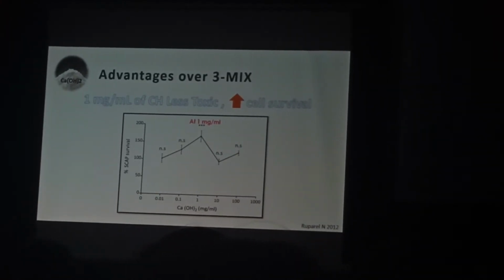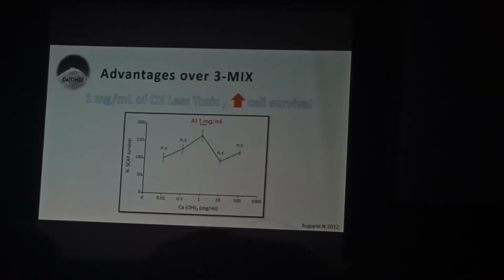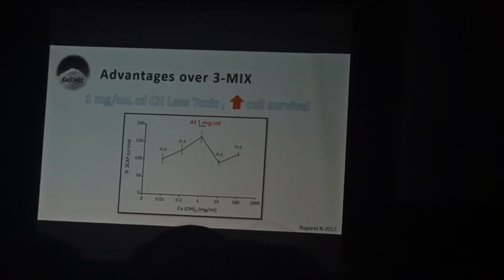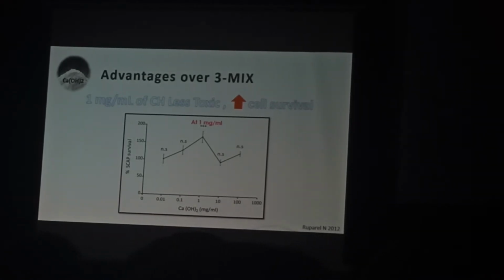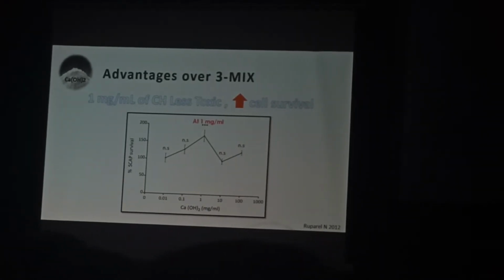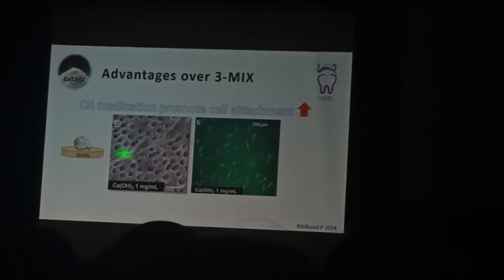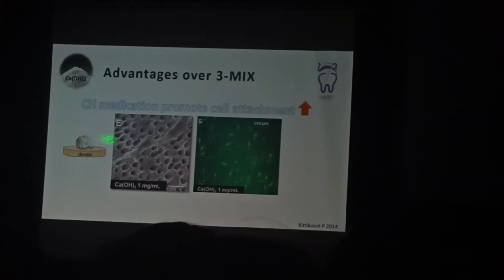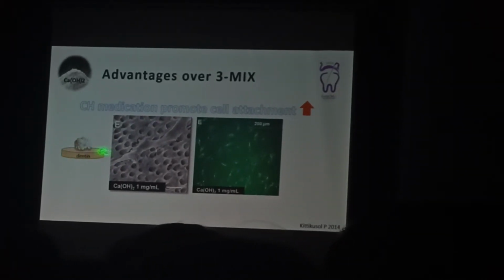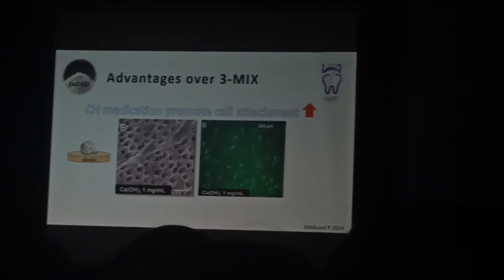From the studies, calcium hydroxide can improve cell survival if we use it at the right concentration. In this study, 1 milligram per ml of calcium hydroxide can improve cell survival, and it can also improve cell attachment. Here is an example from our study using calcium hydroxide covering the dentin, and after we placed cells on top, the cells attached beautifully.